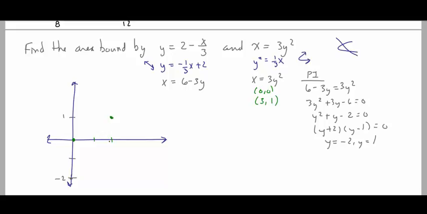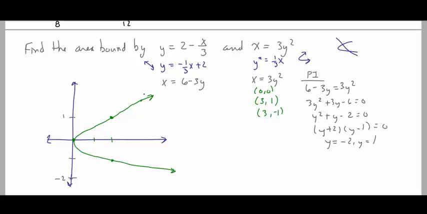And I could also do the same if I was trying to figure out my other value over here. I wonder what would happen if I plugged in a negative 1, and you can see I'd get a 3 back as well. So this is the ordered pair 3, negative 1. It's kind of a little wobbly there, but there's my parabola opening to the right.